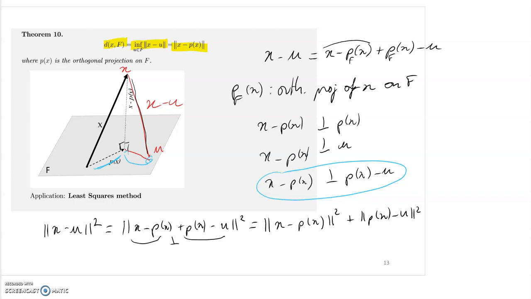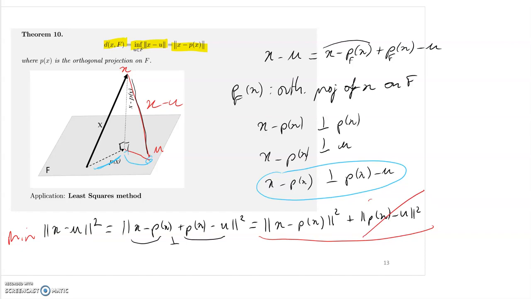And so we want to minimize this value. We're looking for this minimum. Of course, it's going to be smallest when you can cancel out one of the terms.